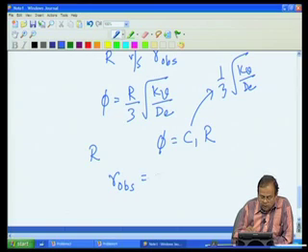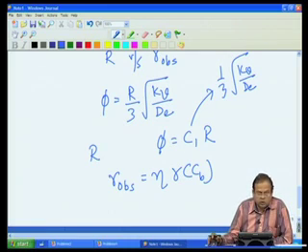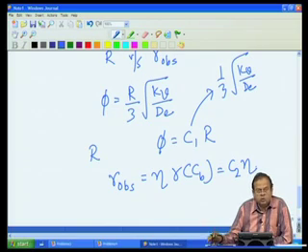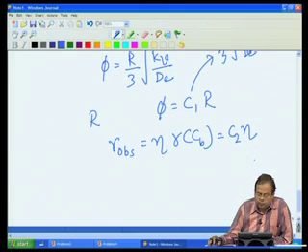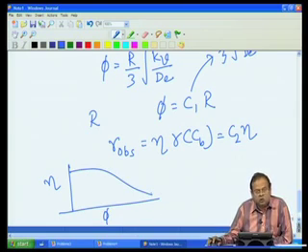R observed is eta times R at bulk condition. The bulk concentration is also given to us. So, the rate at that bulk concentration is the same, whether we do catalyst in 1 millimeter, 10 millimeter or 10 meter. So, that is constant. So, we can write this as C2 into eta.